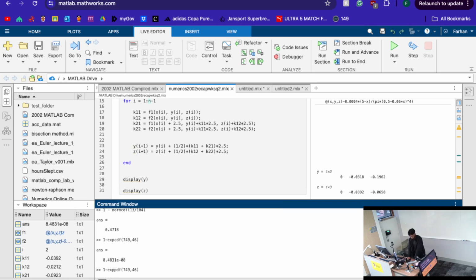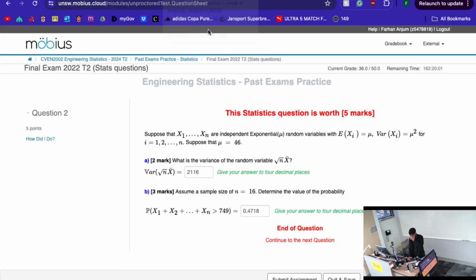No, that still shouldn't work. Wait, let me quickly figure that out. Oh, sorry, it doesn't follow an exponential distribution. It's just that the variables are independent.